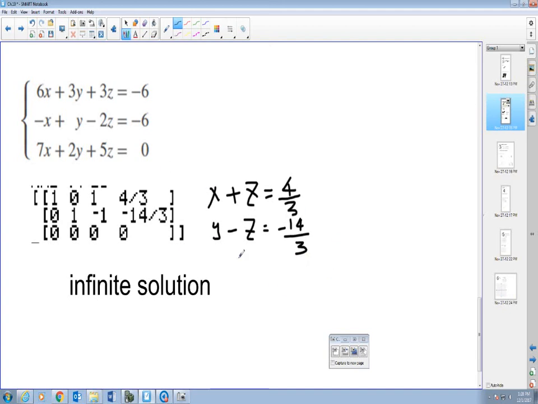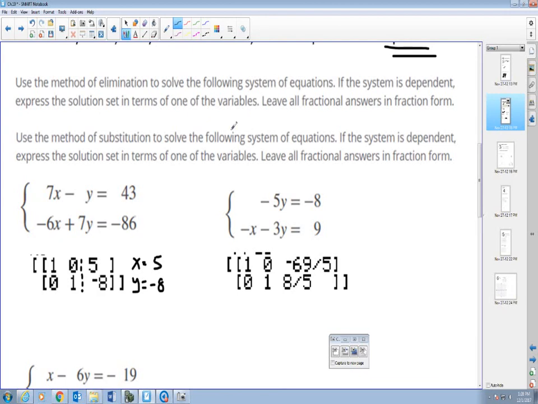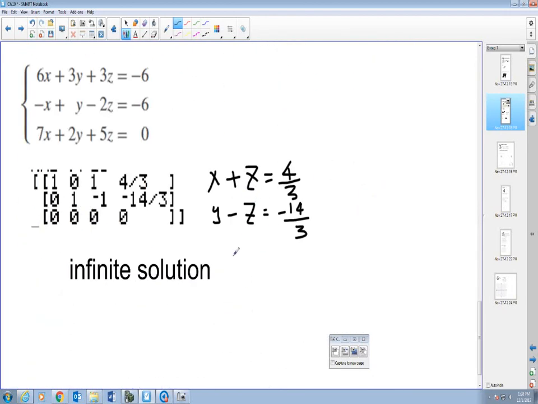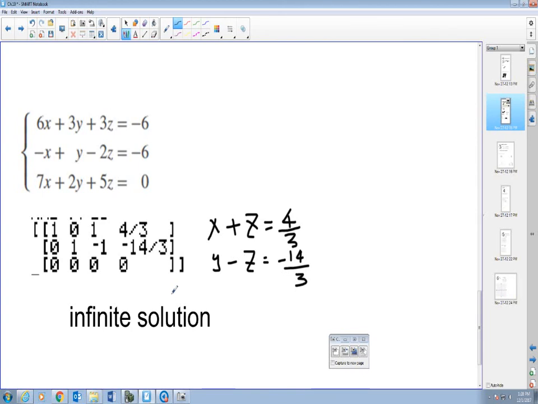Okay, leave the solution set in terms of one of the variables. So you can either probably solve for z, okay, or you can solve for x or solve for y. Alright, to express your answer on the homework.